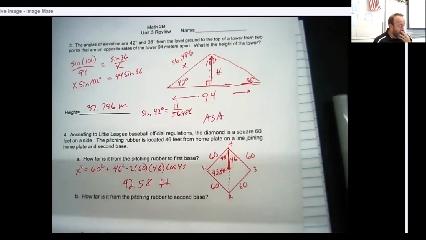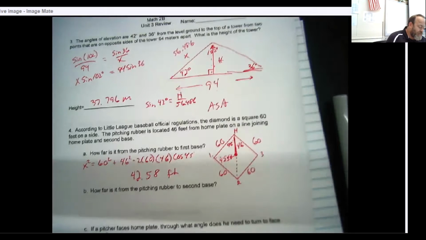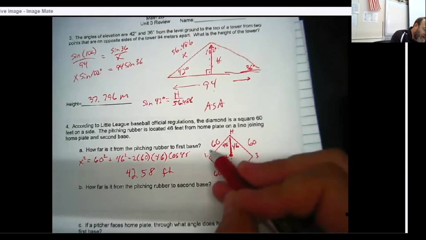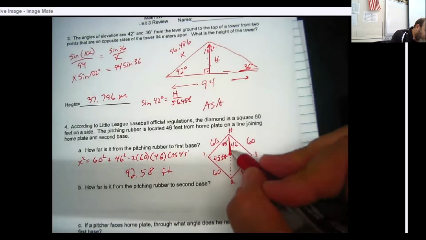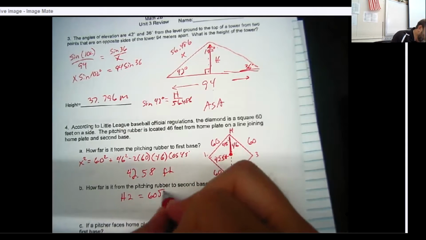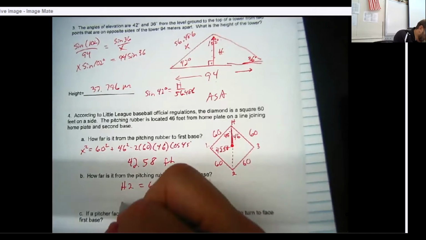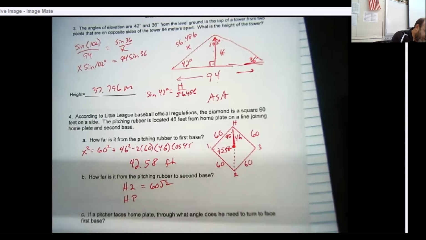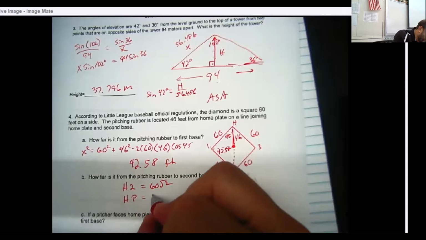Now, how far is it from the pitching rubber to second base? Well, that's actually an easier problem because I should know that this is half of a square. So the distance all the way from home to second should be 60 square roots of 2. I also know that from home to the pitcher was 46 feet.